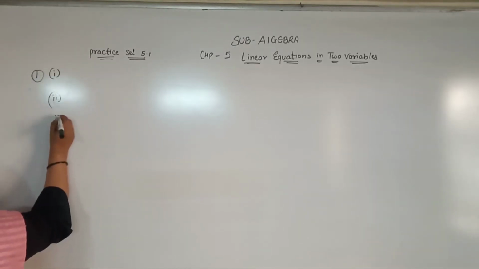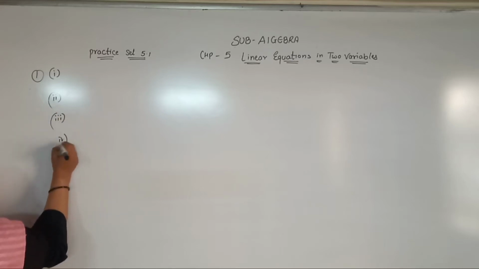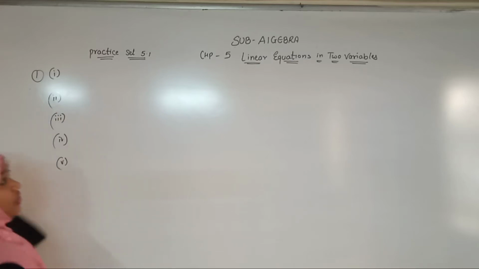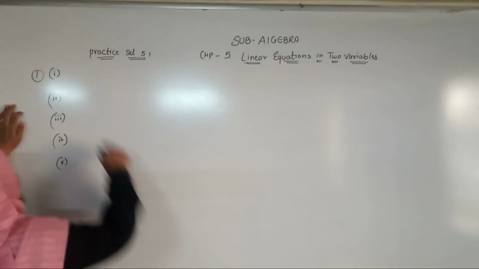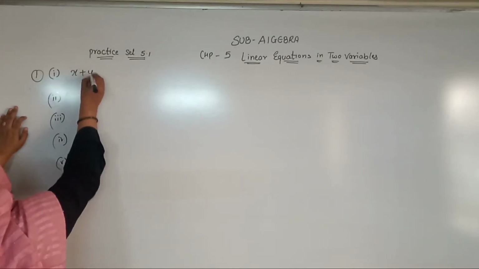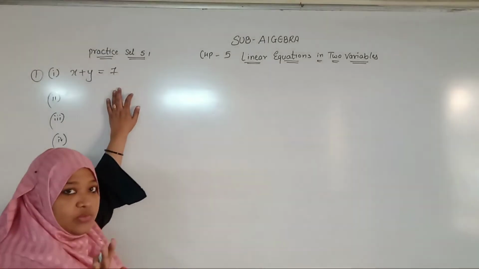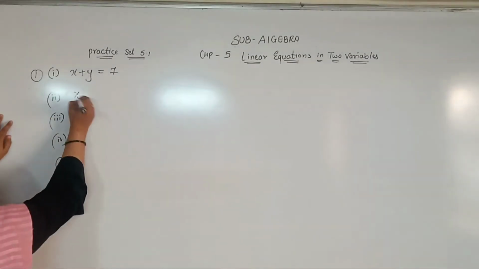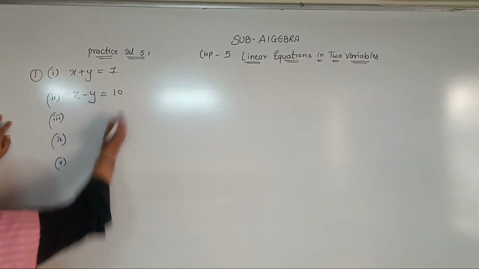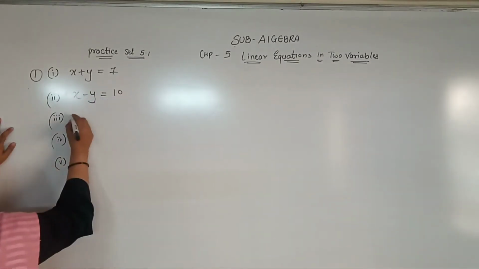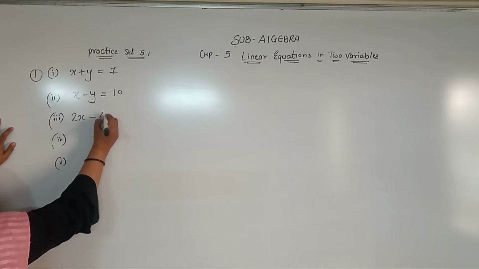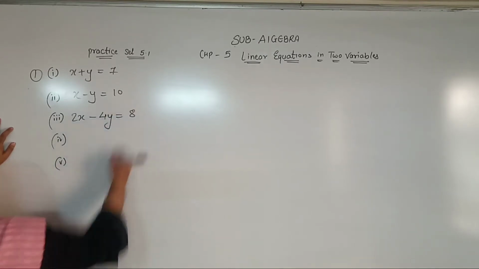See, you should put the number as it is given; you have to put that number only. First equation, x plus y equals 7. My first equation, you can take x plus y, or you can take x minus y equals 10. Anything you can take. You can take 2x minus 4y equals 8.